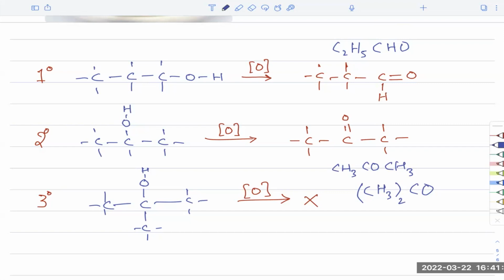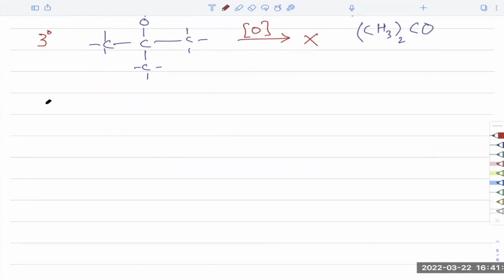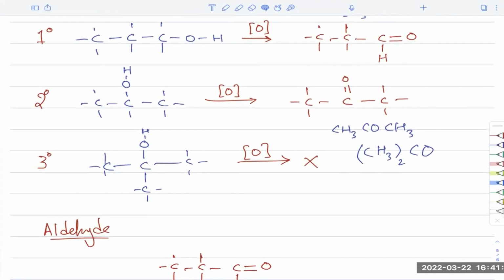Now here's the thing. Aldehydes themselves can be completely oxidized. They can be further oxidized. And when you further oxidize an aldehyde, and this is just something that we will revisit later on, for example, this one, it can be further oxidized.